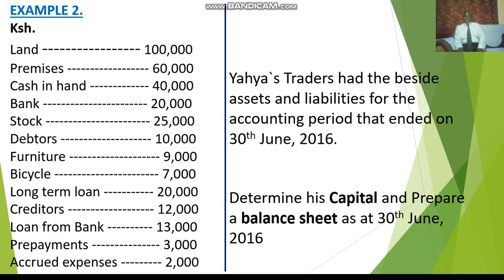Yahiya's Traders had these assets and liabilities for the accounting period that ended on 30th June 2016. Determine his capital and prepare the balance sheet as of 30th June 2016.